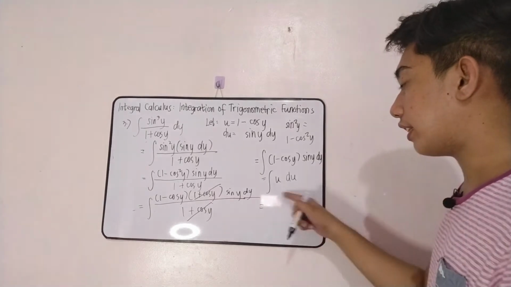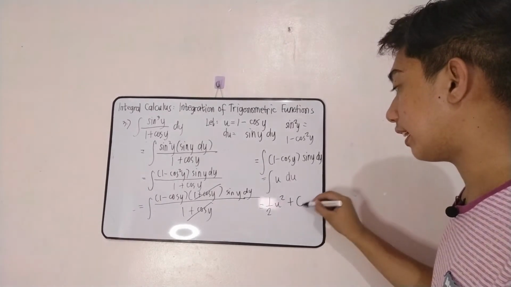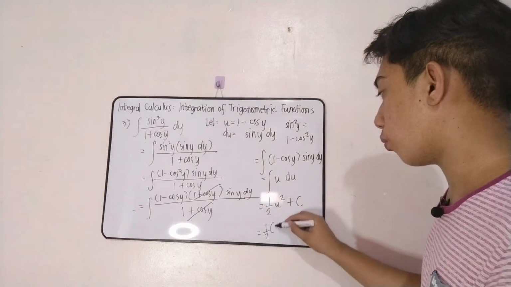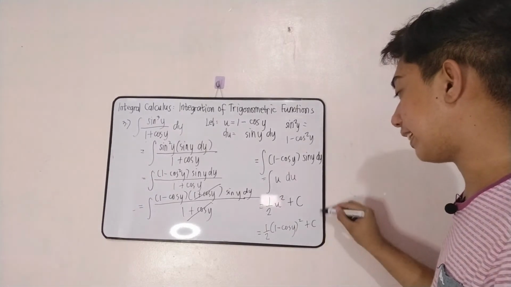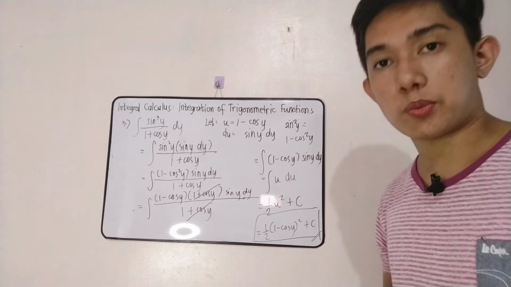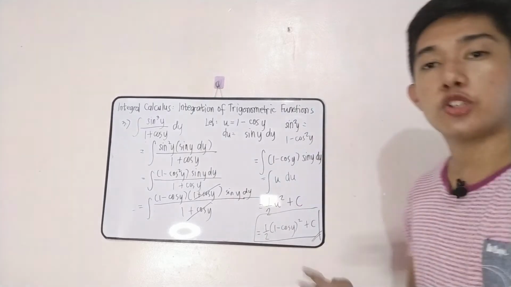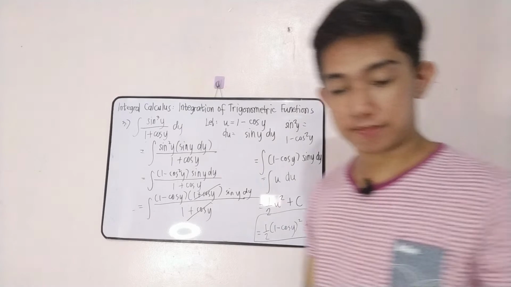Therefore, the integration will be 1/2 u squared plus c. And the final answer will be 1/2 times (1 minus cosine y) squared plus c. So, this can be your final answer. Other professors will say na i-expand mo yan. Don't worry, use algebra for this one para ma-expand. Okay? So, ganun lang.